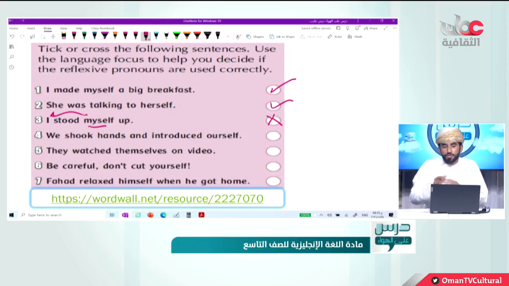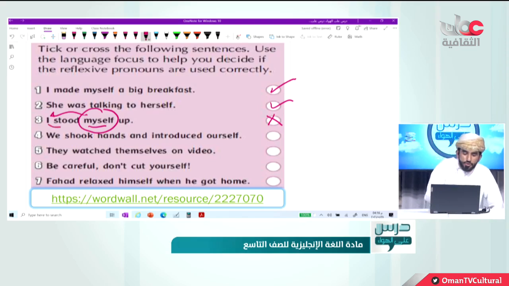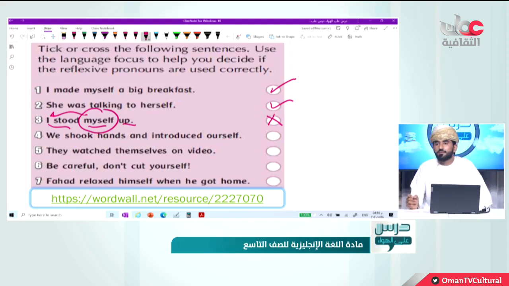Am I right? So sometimes when there are some actions that people usually do, we don't use a reflexive pronoun. We say, I stood up, and that's it. Why? Because standing is an action that people usually do all the time.